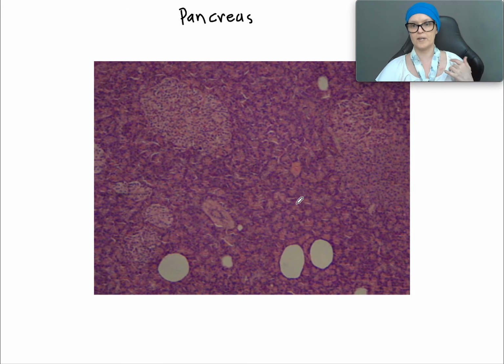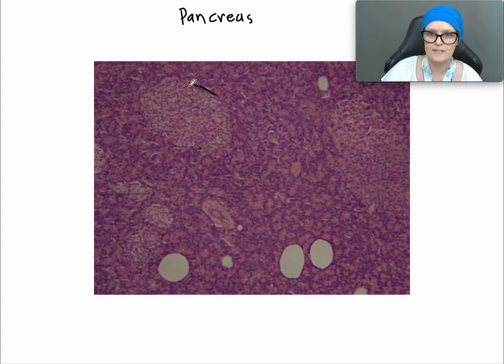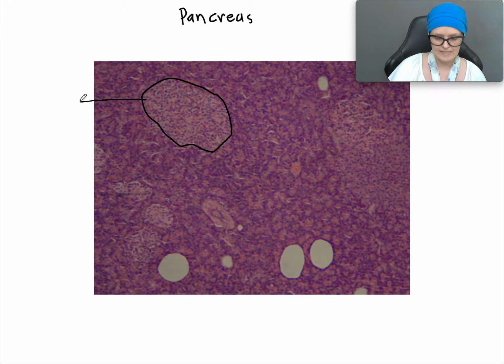Now, the majority of the pancreas is this dark purple stuff, but it has these occasional light purple splotches. Let's go this direction. And the light purple splotch is the pancreatic islet. And islet is like island, where the S is silent.